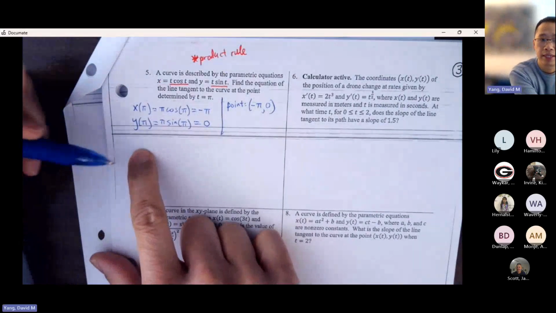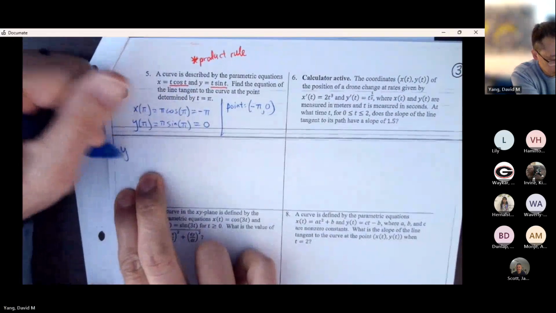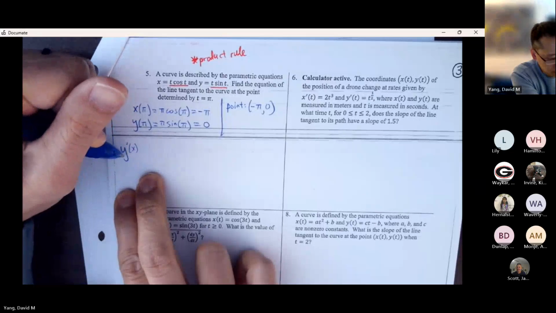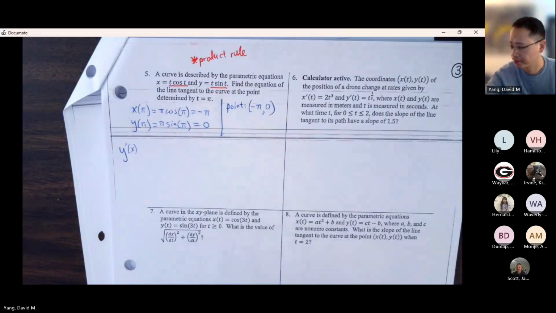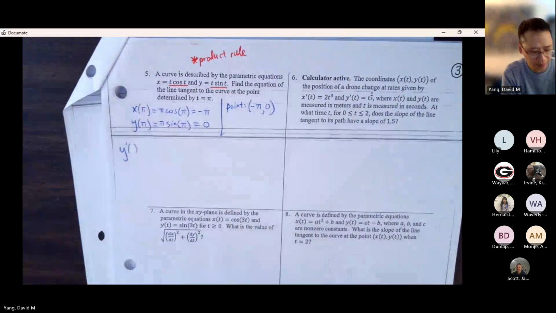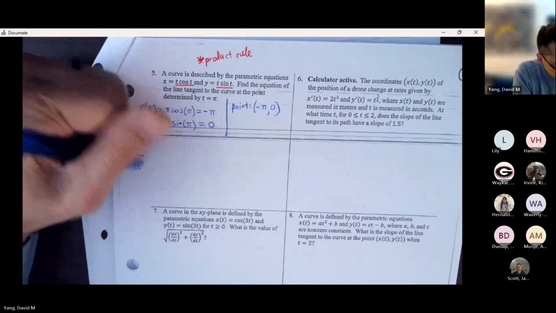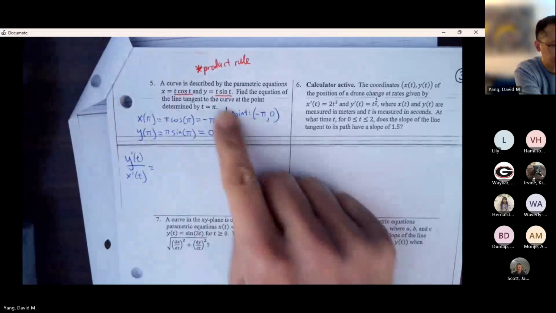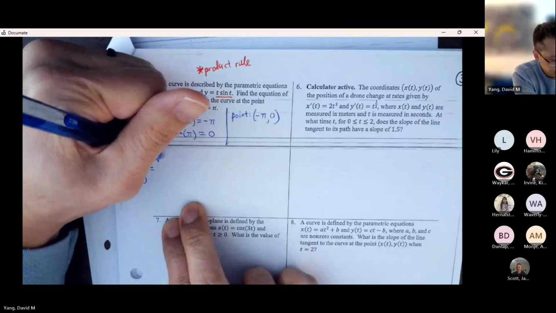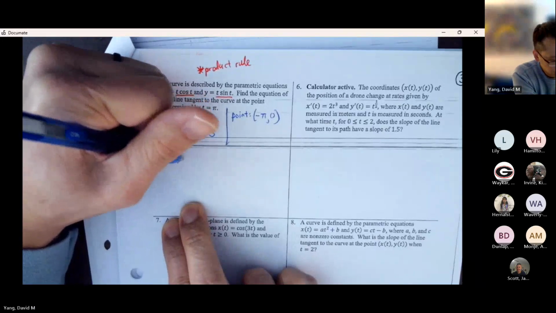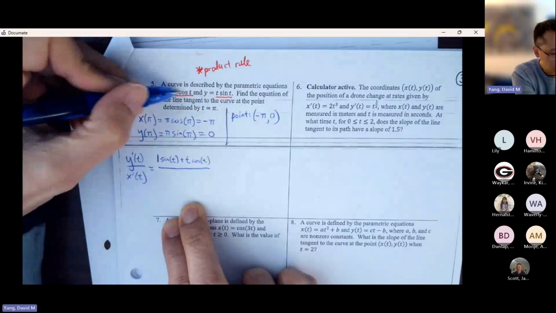We know the derivative in parametric form is just y prime over x prime. Product rule, f prime g plus f g prime. F prime g plus f g prime.